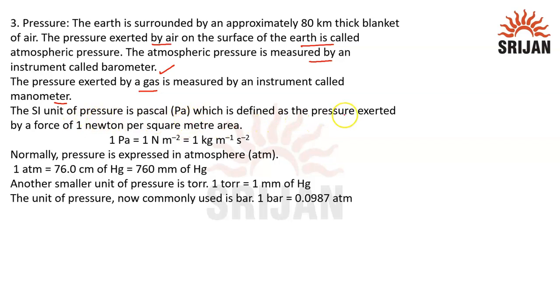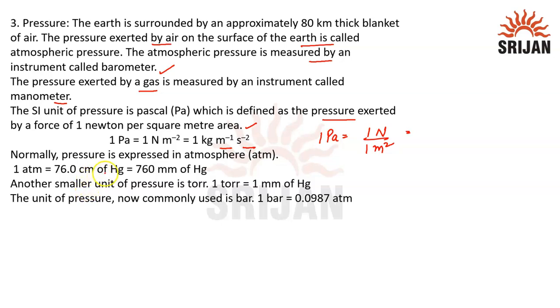Pressure is defined as the force exerted per unit area, so 1 Pascal is equal to a force of 1 Newton per meter square, and we can represent it as 1 kg per meter per second square.